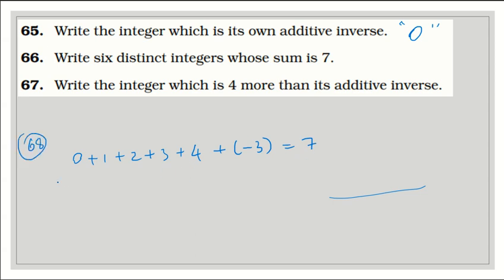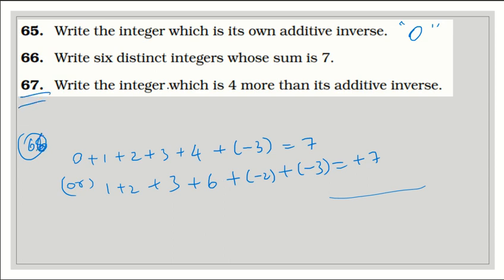And we can write some other possibilities also. 1 plus 2 plus 3 plus 6 plus minus 2, added to minus 3, gives also plus 7. This is another possibility. So many possibilities are there. Any one you can write. Coming to question number 66. Coming to question number 67.